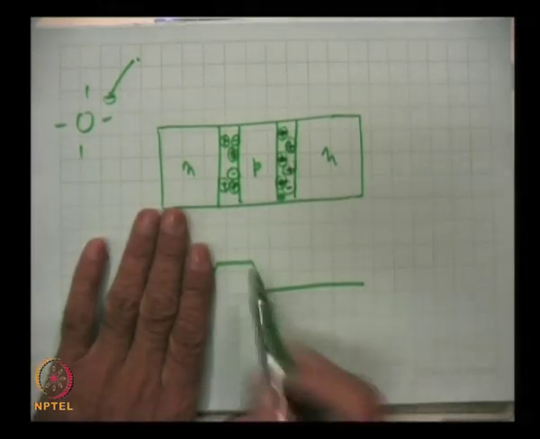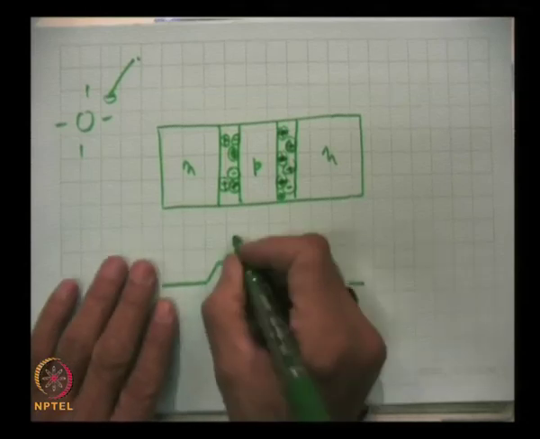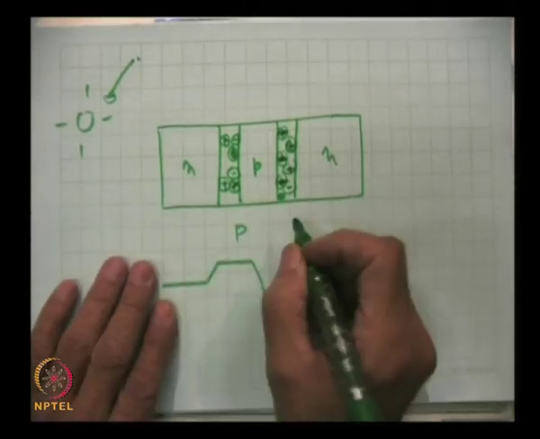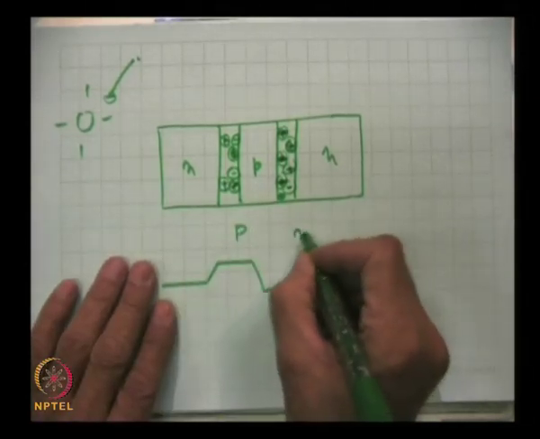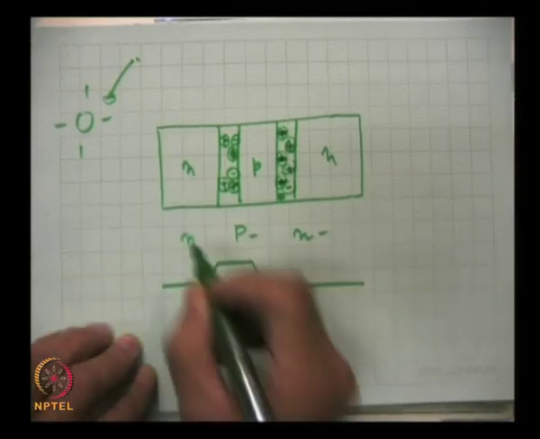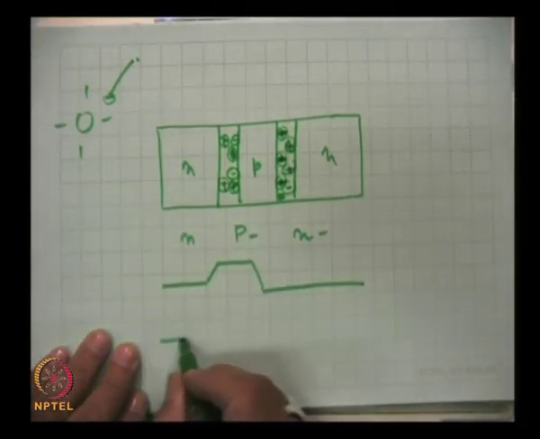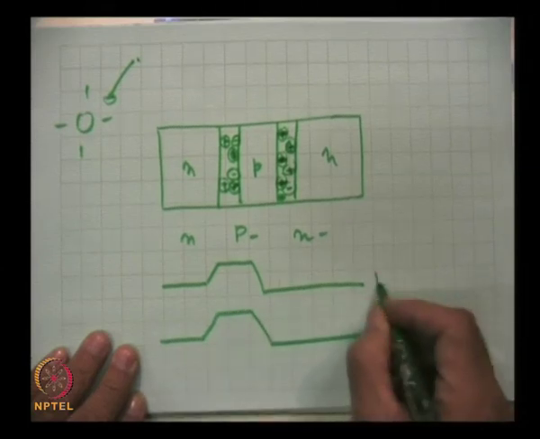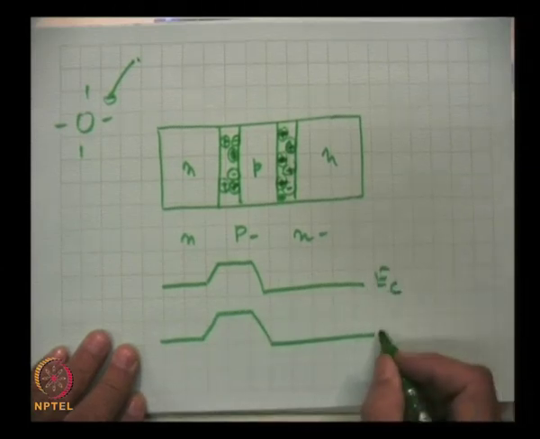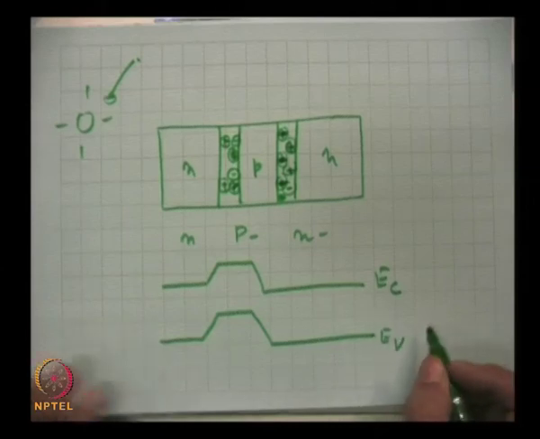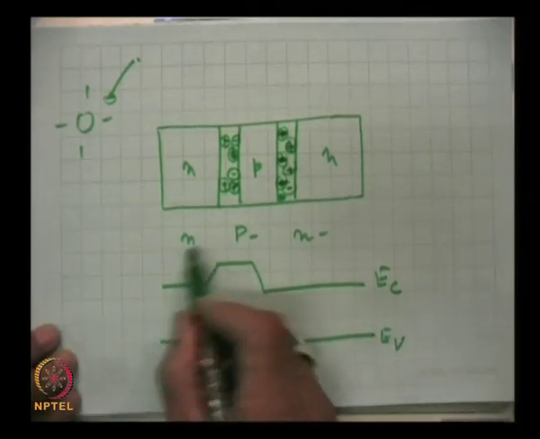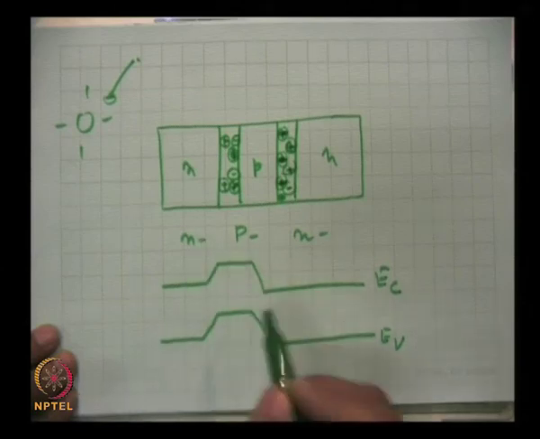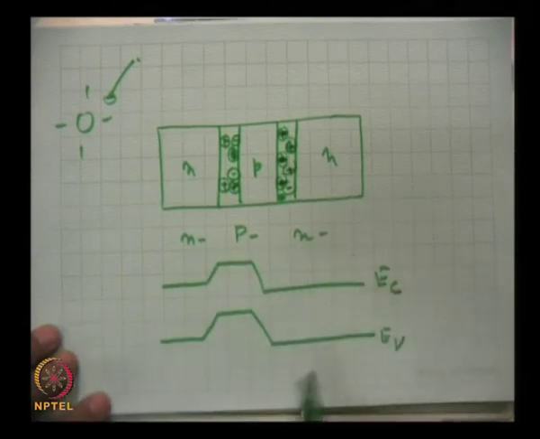This was the potential energy diagram, this is p type, as in the case of the diode we discussed; this is N and this is also N. Here this is the conduction band edge, this is the valence band edge, and this is the emitter, this is the base, and this is the collector.